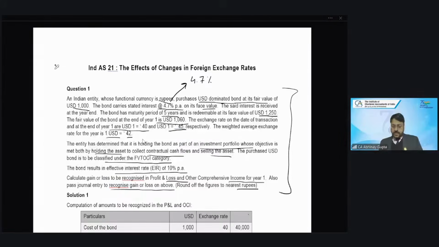And what is the fair value gain? Fair value gain on the bond? It totally is 5,300, sir.